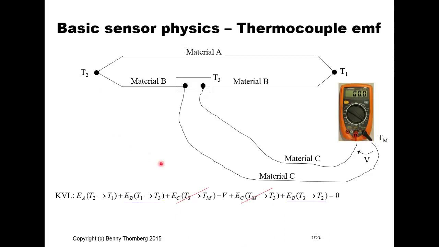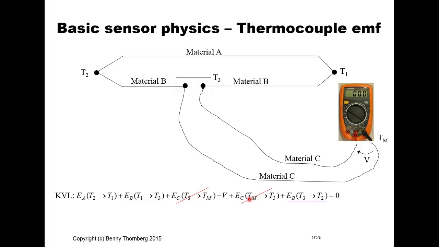And we can conclude that this EC, T3 to Tm, which is on material C, should be equal to minus EC, Tm to T3, which will make these two terms be eliminated.